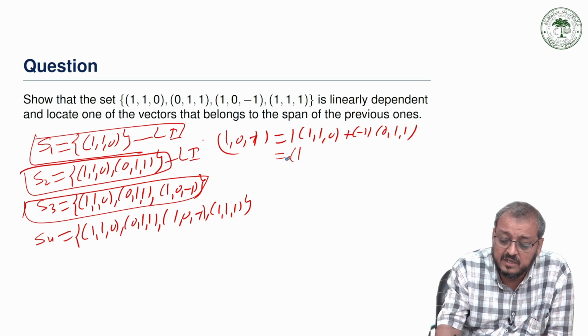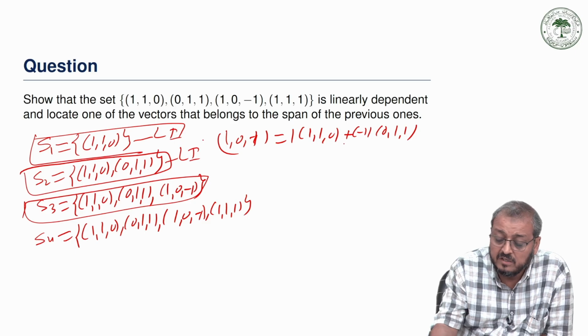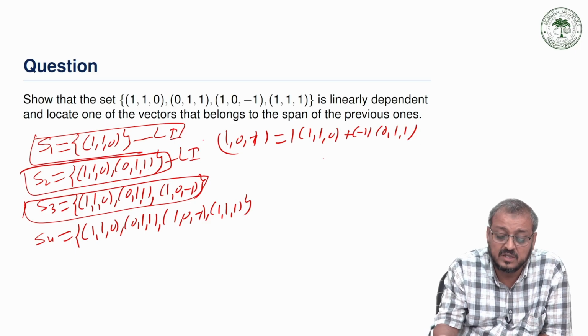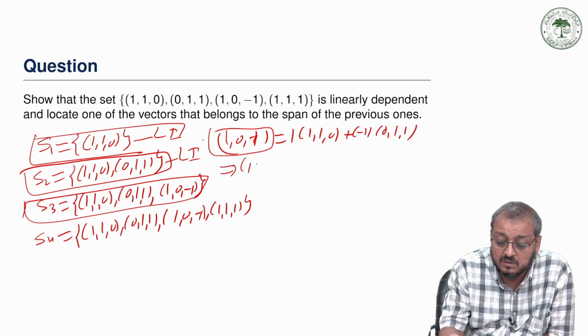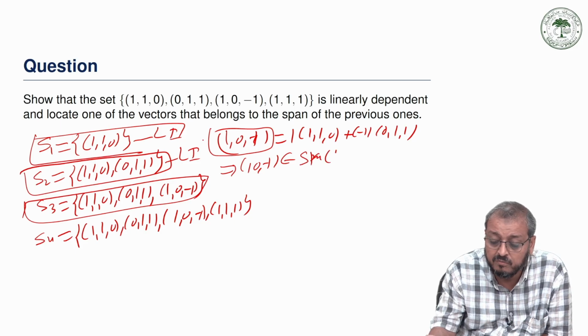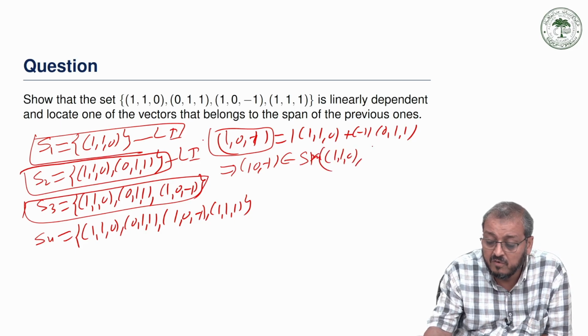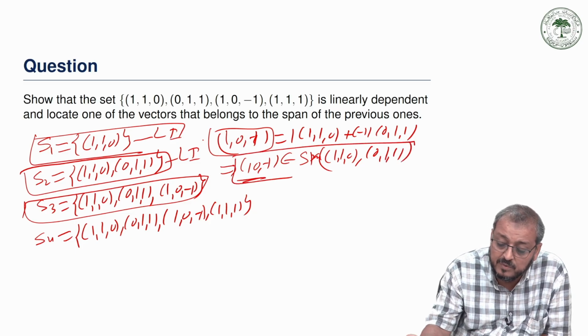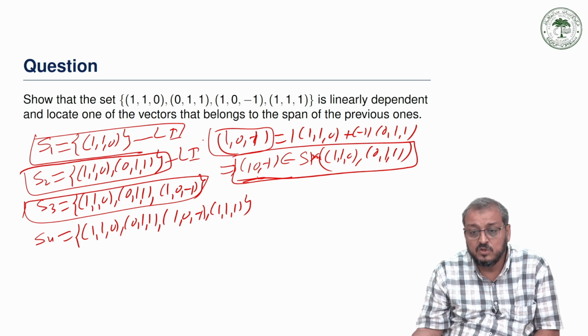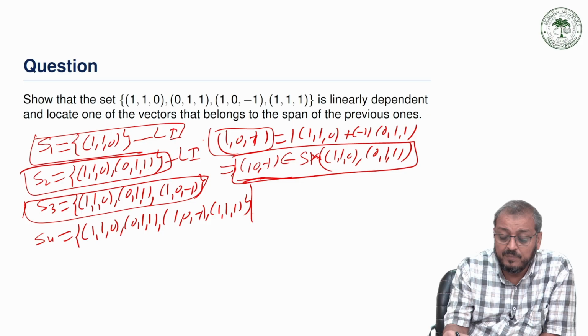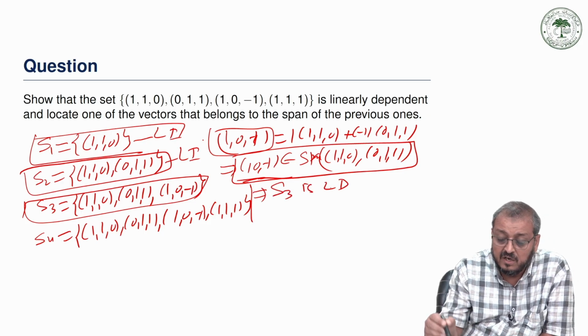So, the sum of these two vectors is giving you this vector, that means 1 0 minus 1 belongs to the span of 1 1 0 and 0 1 1. This means this vector can be written as a finite linear combination of 1 1 0 and 0 1 1. This implies that S3 is a linearly dependent set.